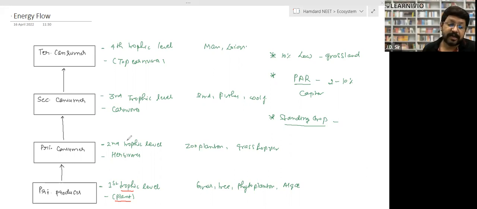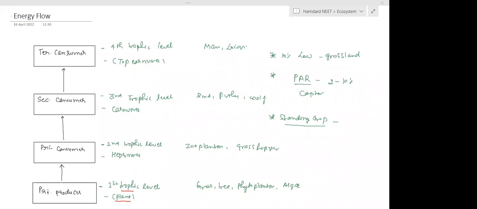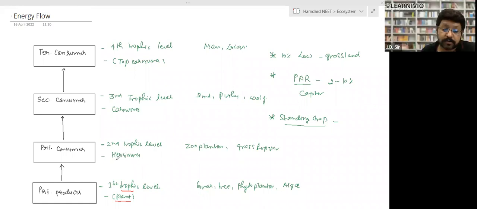They come in the second trophic level. So the primary consumer always comes in the second trophic level. Getting my point? Yes. And who are the primary consumers? Herbivores. So herbivores will always come in the second trophic level. Clear? Yes. Then I have written examples as well, like zooplankton and grasshopper.